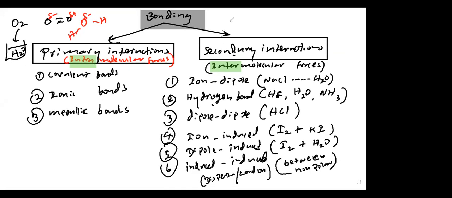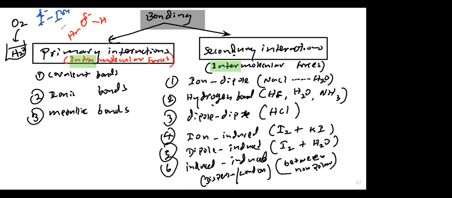Between water and oxygen. And if you take iodine and water, same scenario. Iodine is partially soluble in water. Iodine is non-polar, and its dipole is influenced by water. In the presence of water, iodine gets slightly polarized like this, delta plus and delta minus.